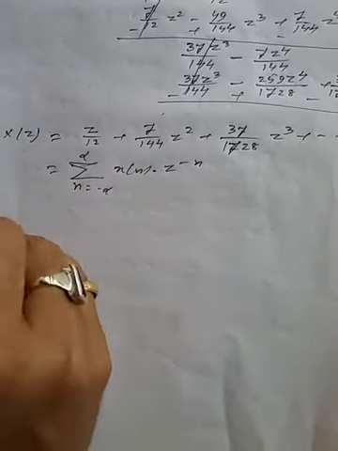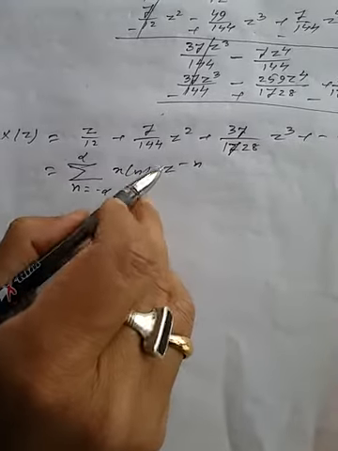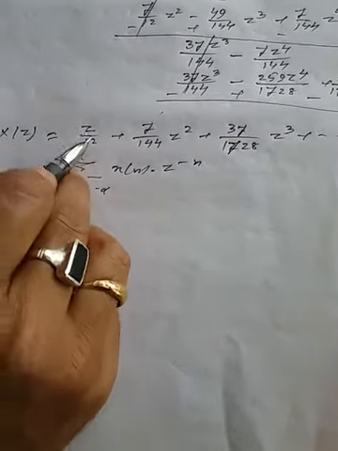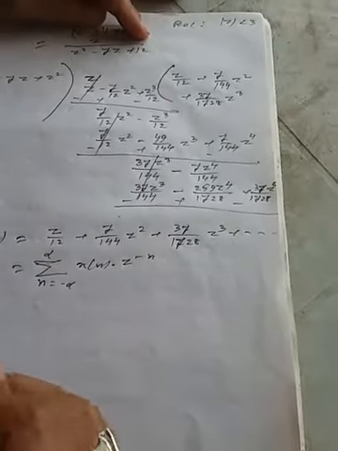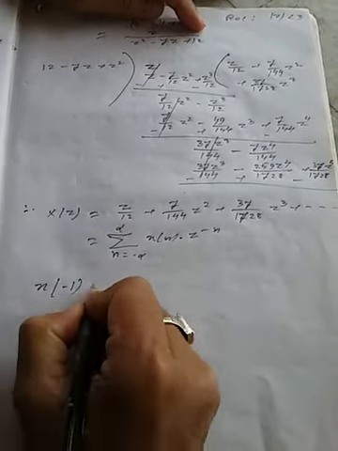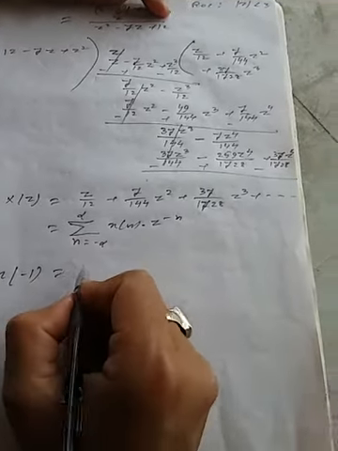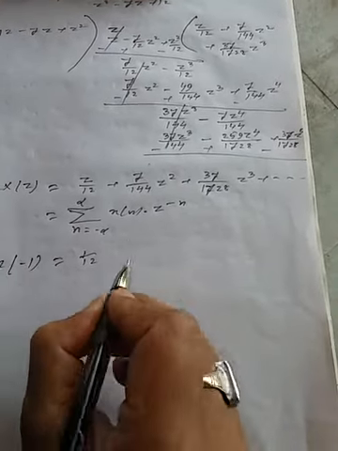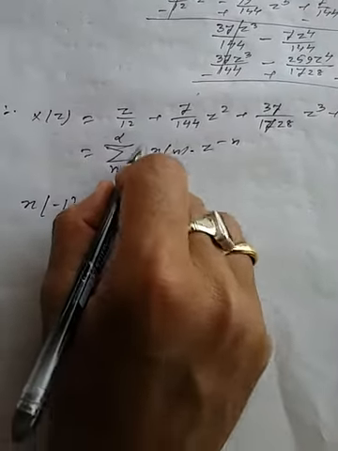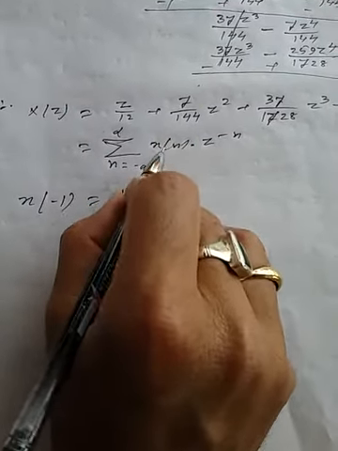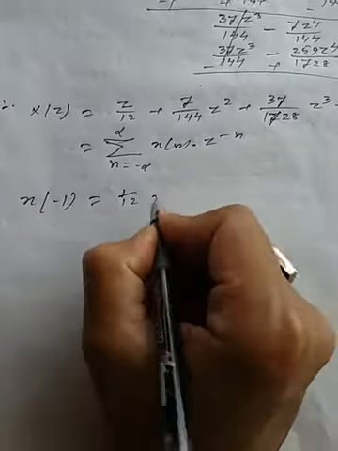So from here, when will I get z from this? When n equal to minus 1, so x of minus 1 will be equal to what? 1 by 12, right? Because the coefficient of z is 1 by 12, so this will be equated to this portion, so x of minus 1 will be 1 by 12.